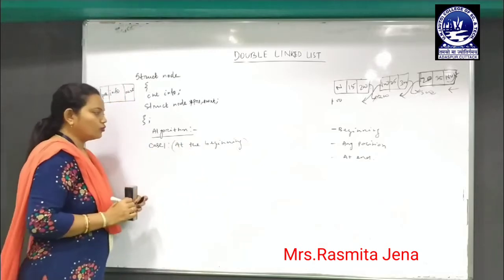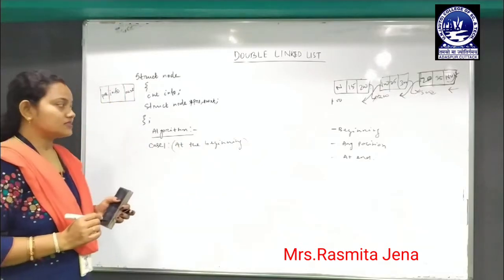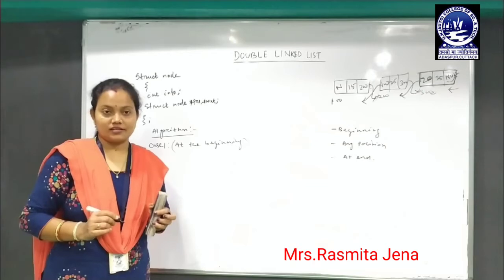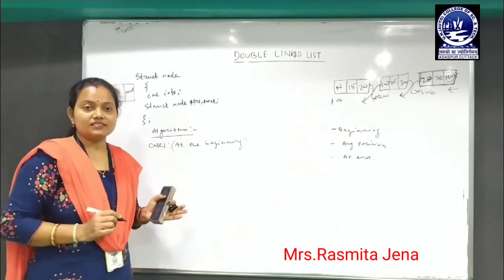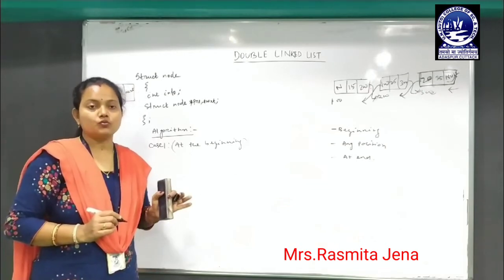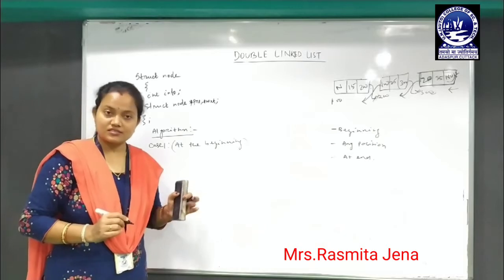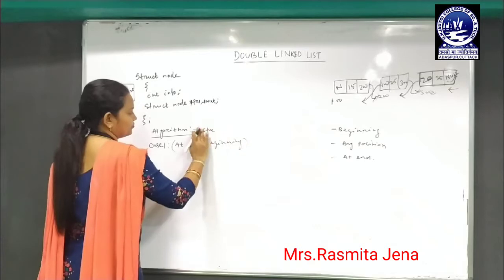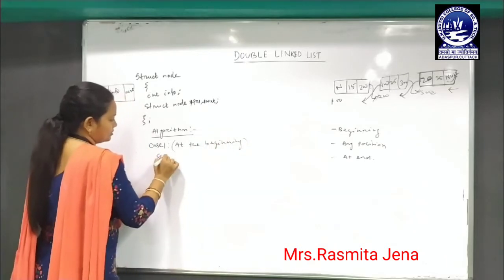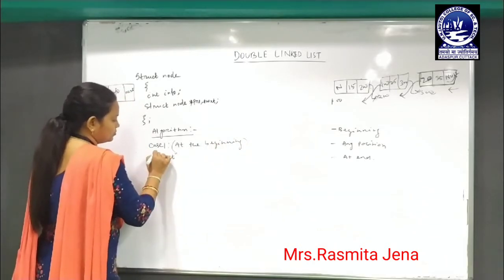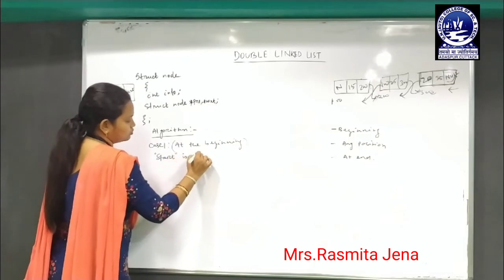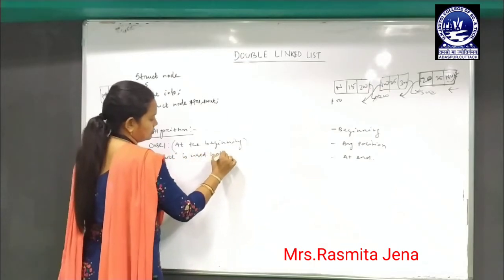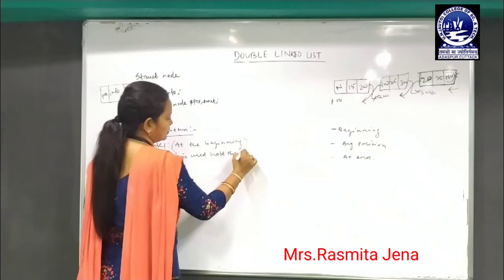So, when we go for the algorithm, we must have the address of the starting node. Suppose let us consider there is a start pointer which holds the address of the starting node.